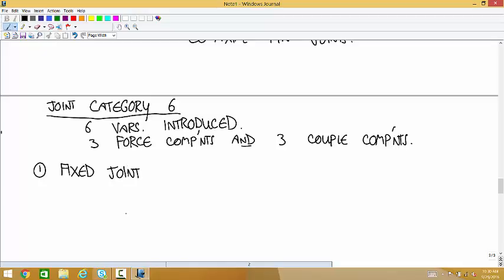I'll try to draw it. If you have a beam like this coming out from a wall, where that thing is just totally fixed in place, this is body 1.